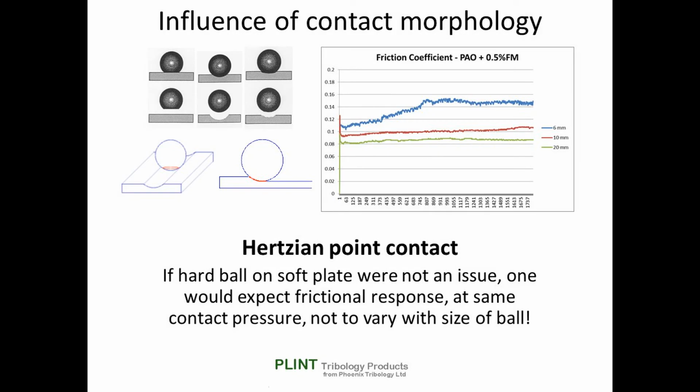With a soft ball running on a hard surface, the contact patch remains flat and round. This is readily amenable to analysis of the forces acting on the contact. This is not the case with a hard ball sliding in a conforming wear groove on a softer surface.